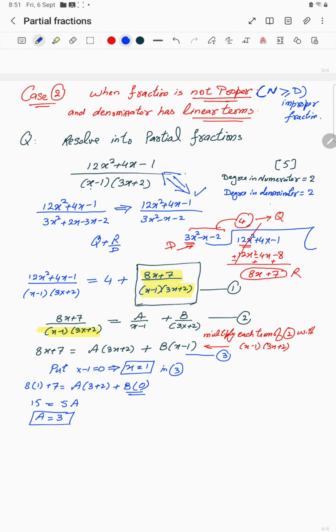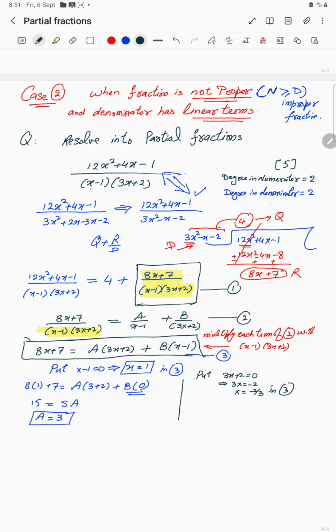A is 3. Similarly, for B, put the denominator 3x plus 2 equal to 0, which implies 3x equals minus 2, so x is minus 2 by 3. We need to put this in equation number 3.